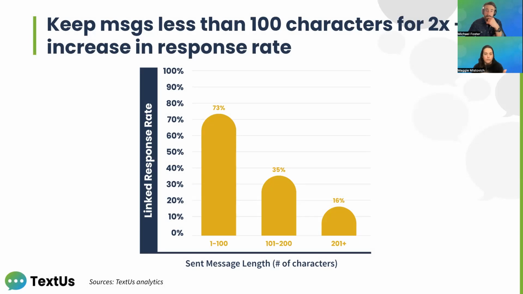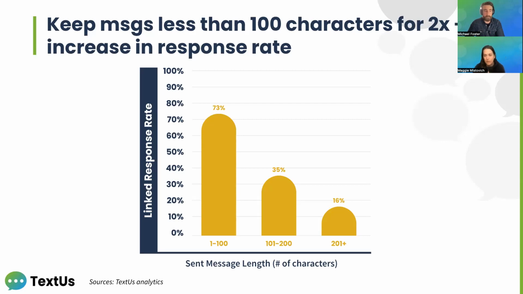Getting that quick response when messages are under 100 characters, we're seeing upwards of 70% or higher response rates. The more characters you add into that text, the more the response rate takes a dip. So this is really designed to illustrate that there's an importance in getting that response, but don't overdo it. You don't write a novel in that text.